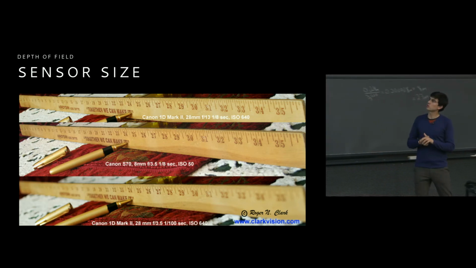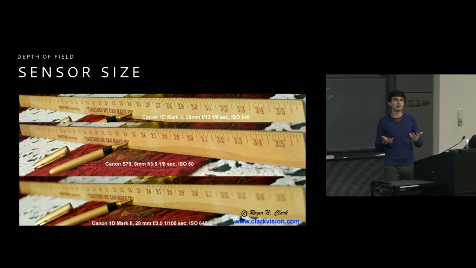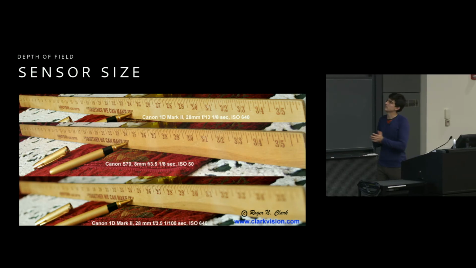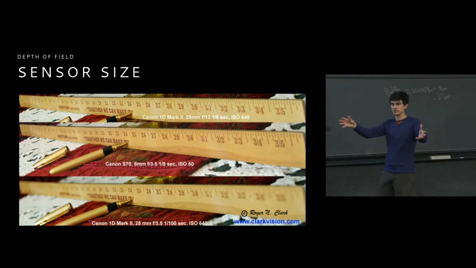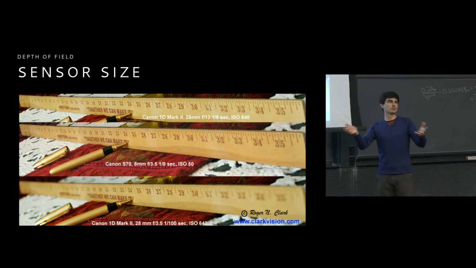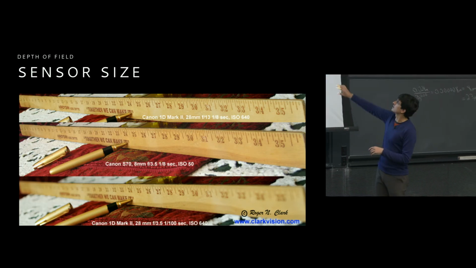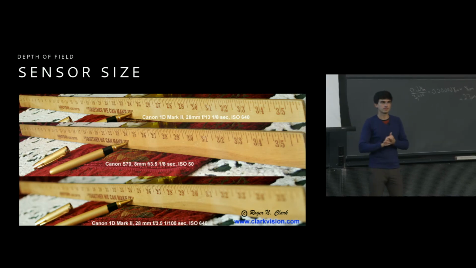So there's no cropping in software happening here. It's a result of this crop factor that we have to shrink the lens and shrink the aperture so that we get this result here.